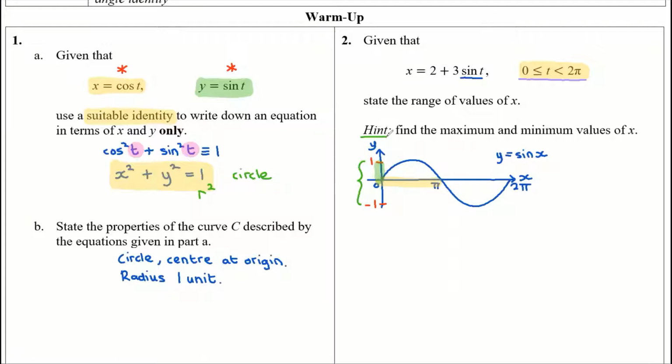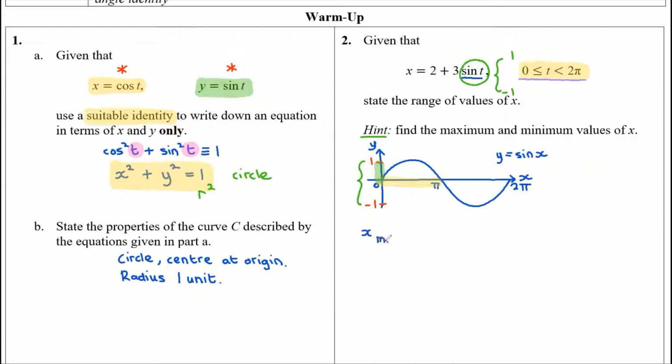Well, if we look at the sine t part, sine t is limited between -1 and 1, as we can see from the diagram we've just drawn. So I can write down my maximum value for x.